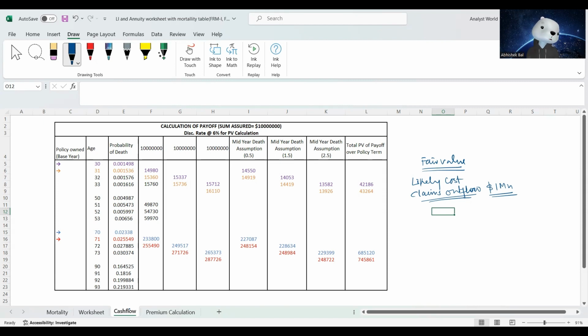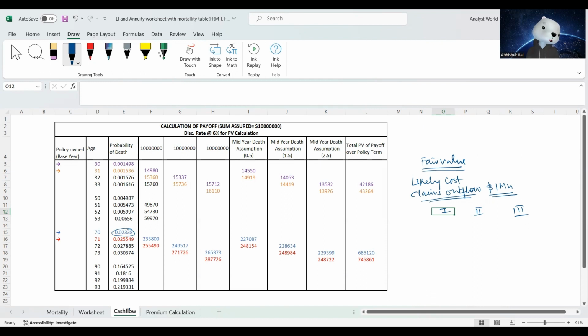Okay, so what comes to our mind? Let's first try and figure out the likelihood of claims if there is an eventuality for this 70-year-old person, right? As we could refer to the table, if the 70-year-old person dies in the next 1 year, the probability of his death is, as mentioned, 2.33%.